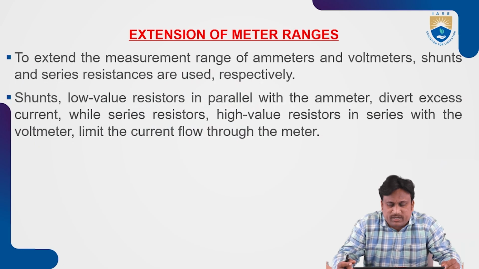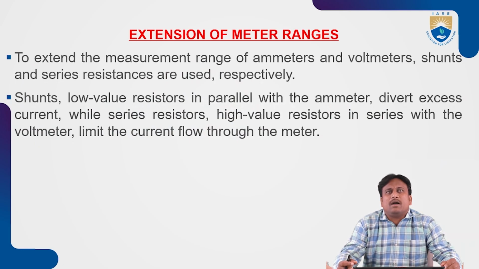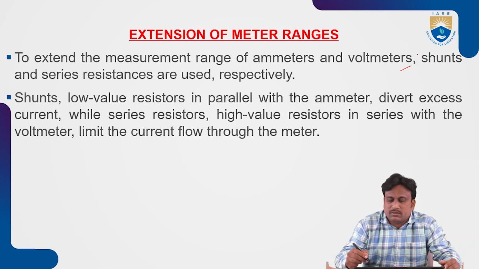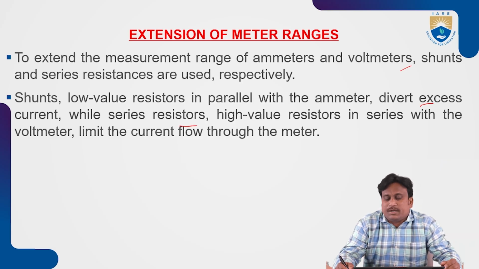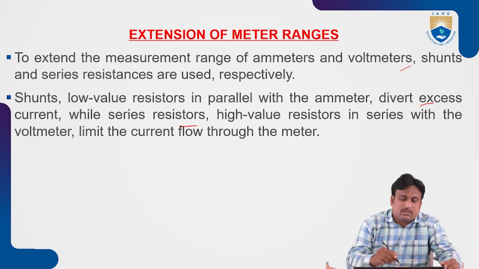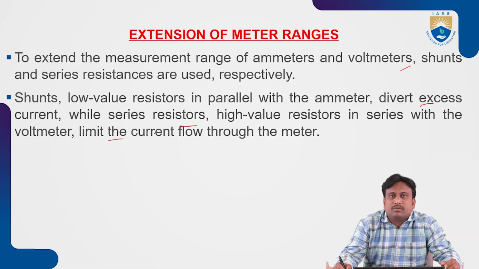So coming to extension of meter ranges, usually to extend the measurement range of the ammeters or voltmeters, shunts and series resistances are considered. With shunts, a low value of resistance is connected in parallel with the ammeter, and the excess current is diverted into it. In the case of series resistors, a high value of resistance is connected in series with the voltmeter, to limit the current flowing through the meter.